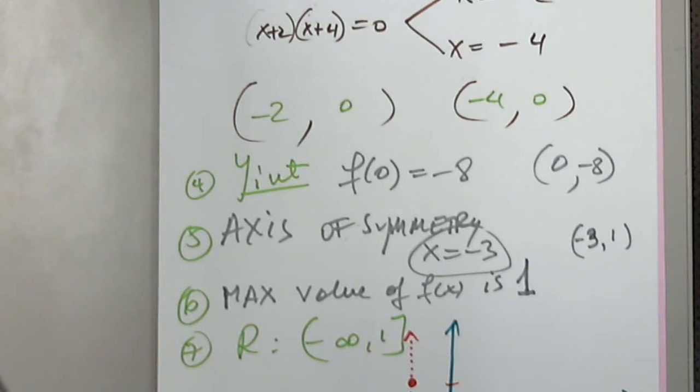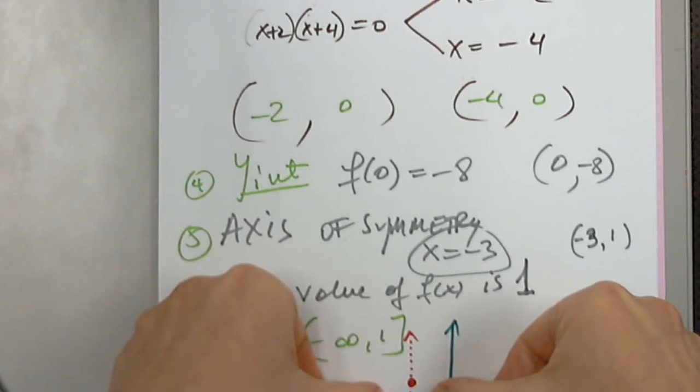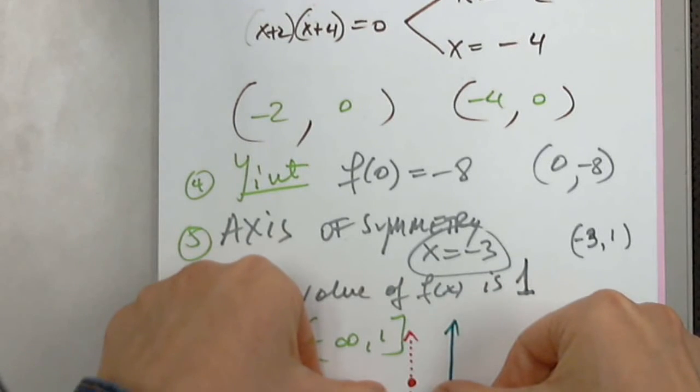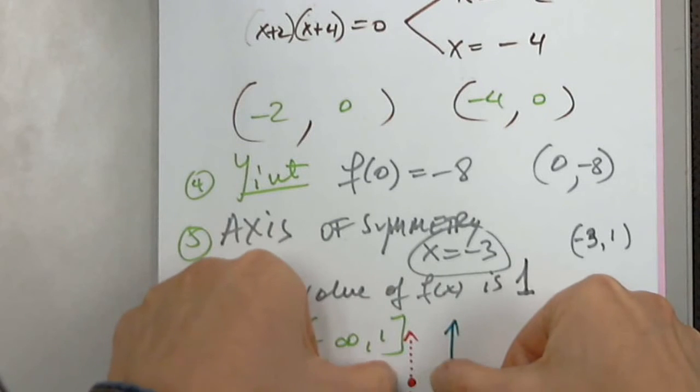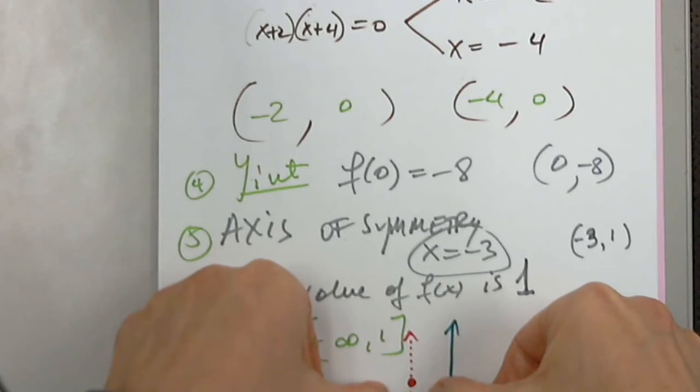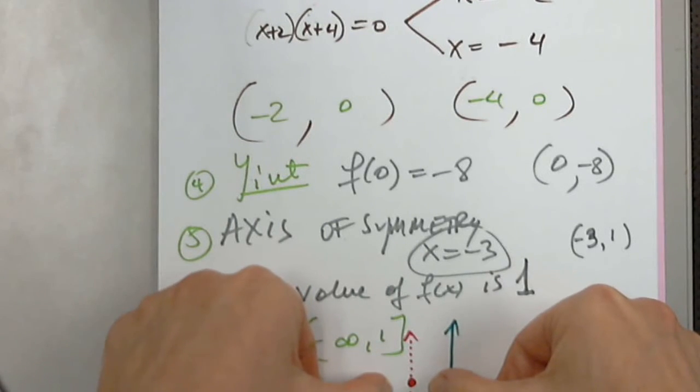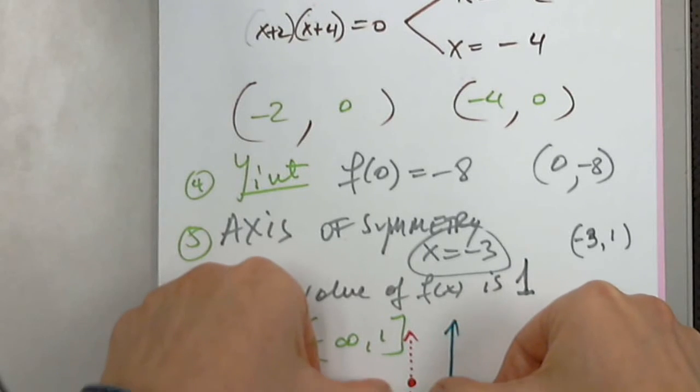The x-intercepts, you gave me -2, 0, and -4, 0. You understand that if I find that the x-intercepts are 1 and -4, something is terribly wrong. Because they have to be symmetric. They have to be 1 unit or 2 units or equidistant from the axis of symmetry, correct?